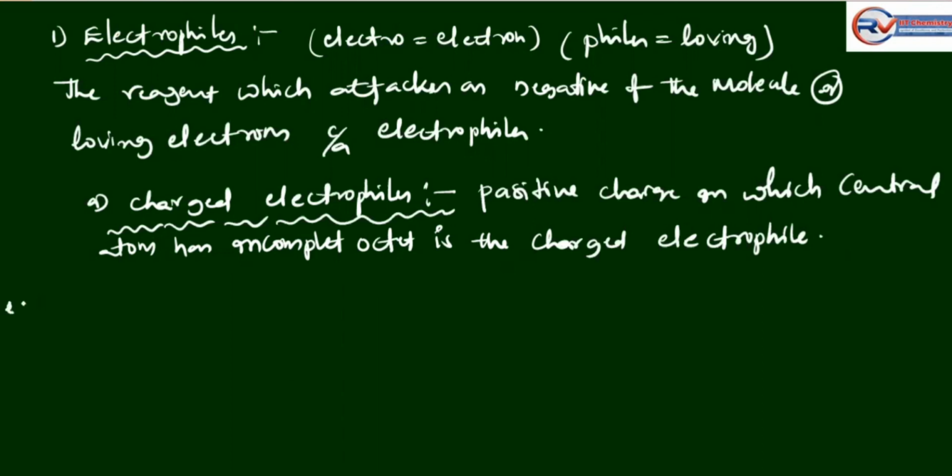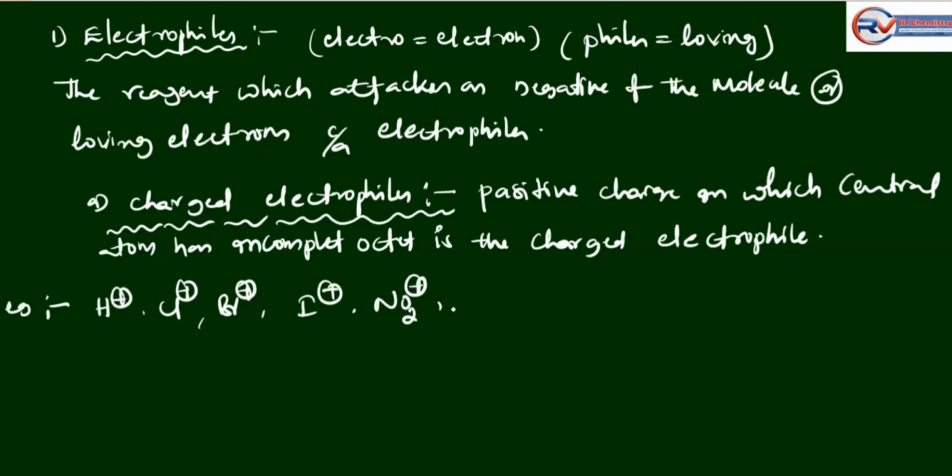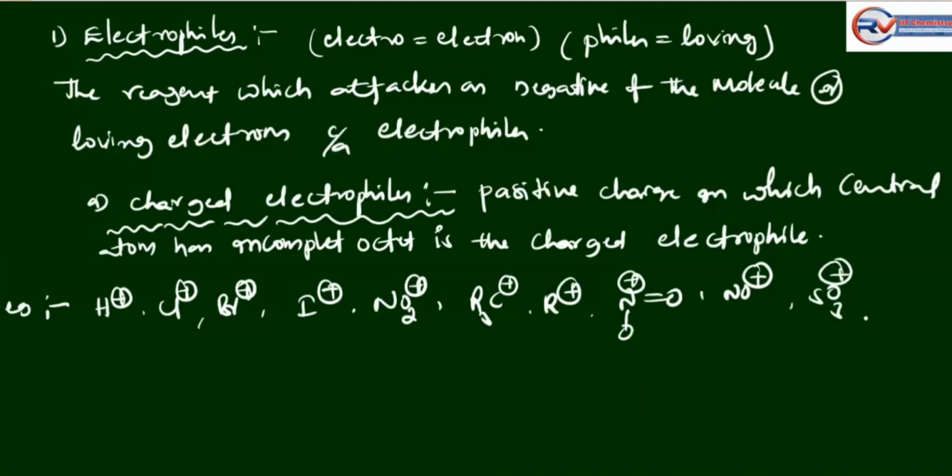Examples of charged electrophiles: H plus, Cl plus, Br plus, I plus, NO2 plus, R3C plus, R plus, NO plus, SO3H plus.